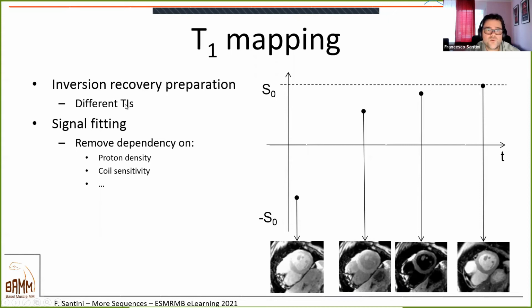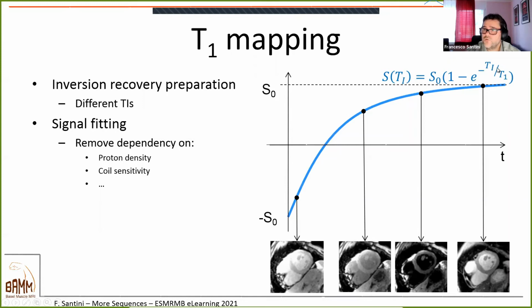When we do an inversion recovery, we know that the signal starts from -1 and goes back to its original state by following an exponential recovery curve. So we can draw this line that corresponds to our signal model that we already know.